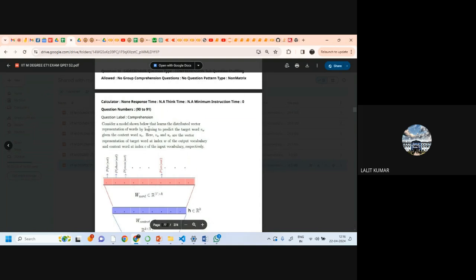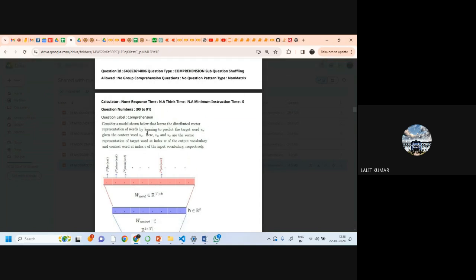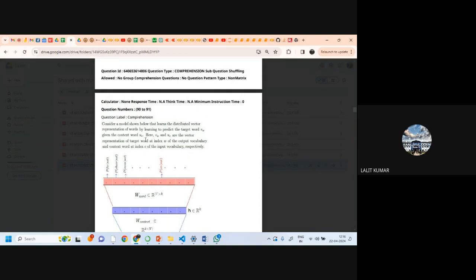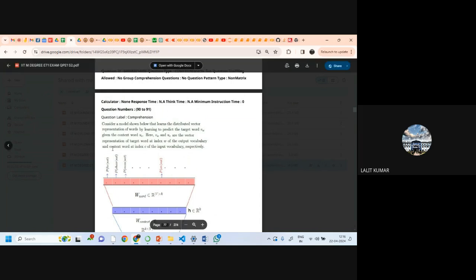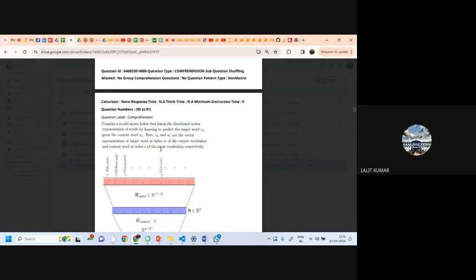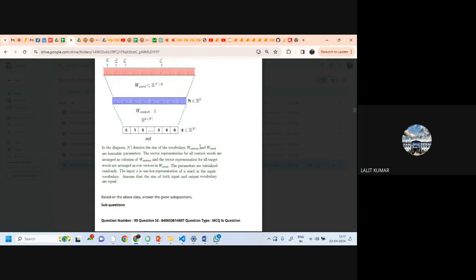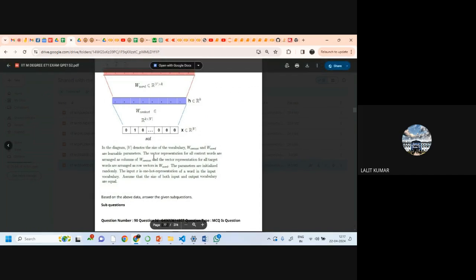So consider a model shown below that learns the distributed vector representation of words by learning to predict the target word VW given the context word UC. Here VW and UC are the vector representation of target word at the index W of the output vocabulary and the context word at index C of the input vocabulary respectively. So in the diagram, V denotes the size of vocabulary, W context and W word are the learnable parameters.